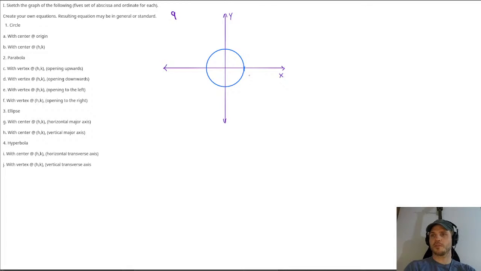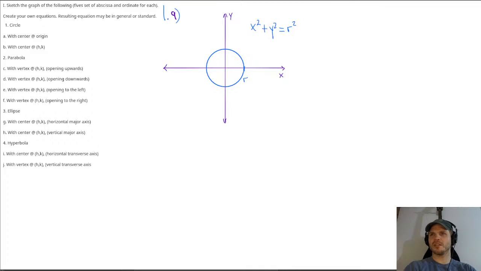Let's call this R, where the distance from here to here is R. Incidentally, it's also this because it's centered at the origin. But anyway, the radius is R because it's centered at the origin. That is going to be, this is like 1A, that is going to be x squared plus y squared equals R squared.